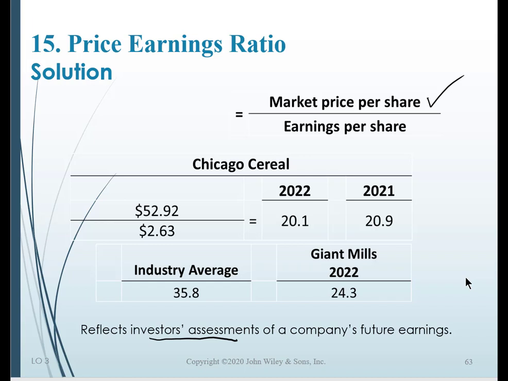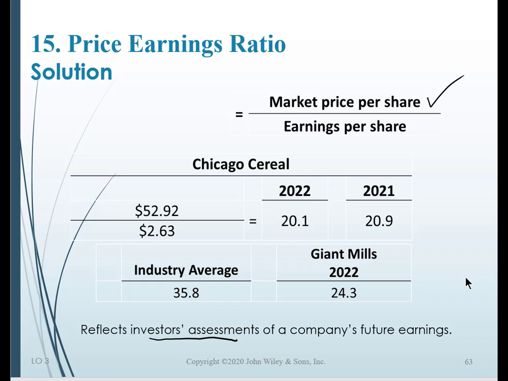Investors, through their buying and selling of stocks, create the market price. So if investors really like this stock, everybody's going to want to buy it. That drives up the demand for the stock, which means the price is going to go up. So this number just reflects how investors feel about the profits of the company.